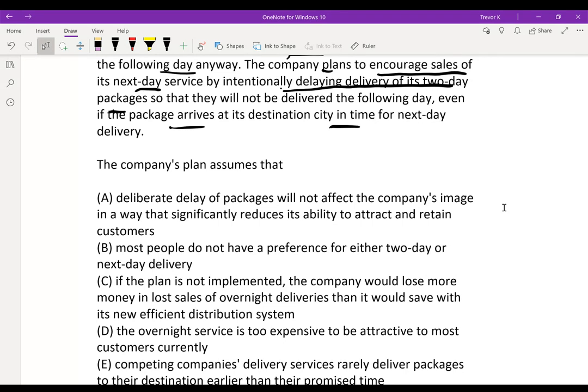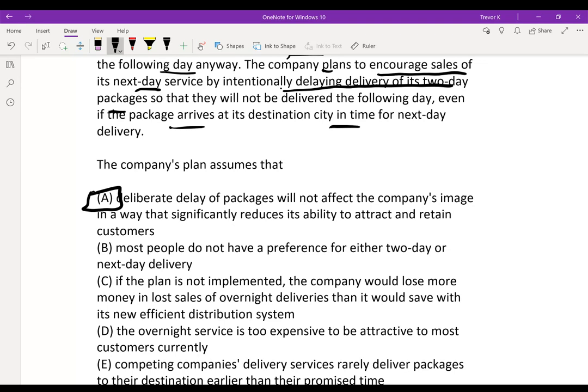And this is actually going to help sell its next-day service, and people will be able to reason through this in the way the company wants them to, which is I should get the next day if I don't want it delivered in two days. So A, deliberate delay of packages will not affect the company's image in a way that significantly reduces its ability to attract and retain customers. Yeah, that's pretty much perfect, right?